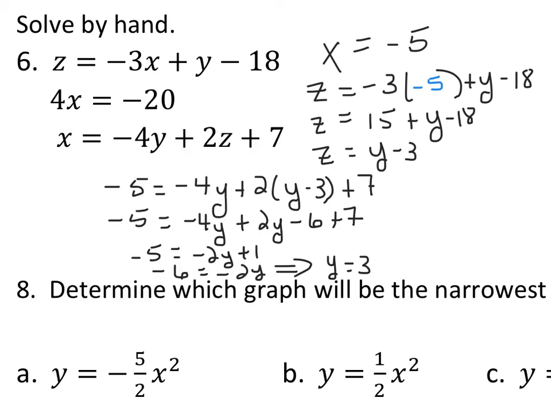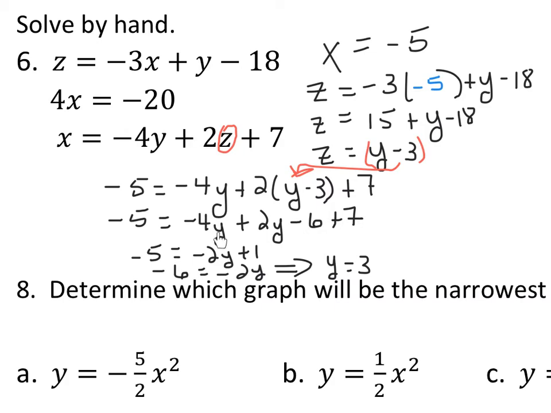Okay, so I've taken my y minus 3 and I substituted it right here in for z in this equation. So I replaced this z with y minus 3. And I also replaced the x with -5, since we know that x is -5. Then I solved for y. So I simplified this down.